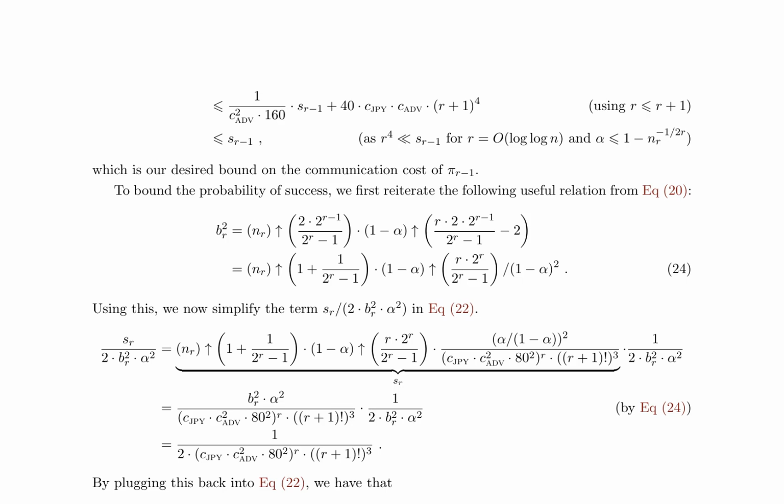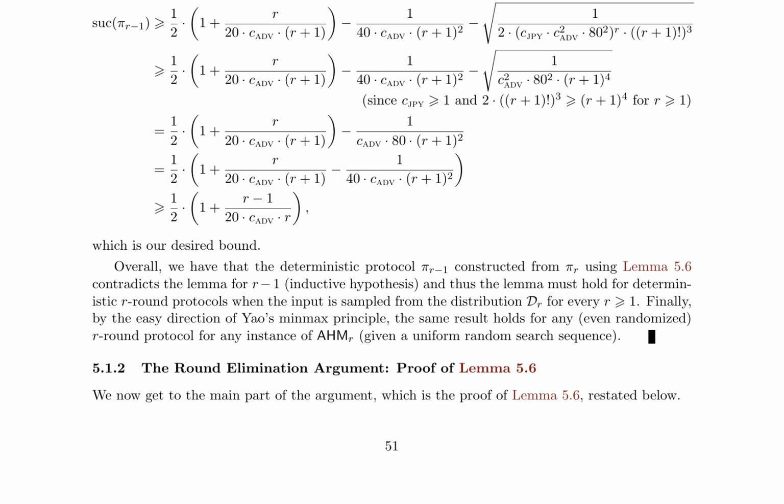The authors bound the communication cost of a deterministic protocol pi_{R-1} constructed from pi_R using equation 20, and simplify the term S_R 2^b 2R alpha^2 in equation 22 to obtain a bound on the probability of success for pi_{R-1}.